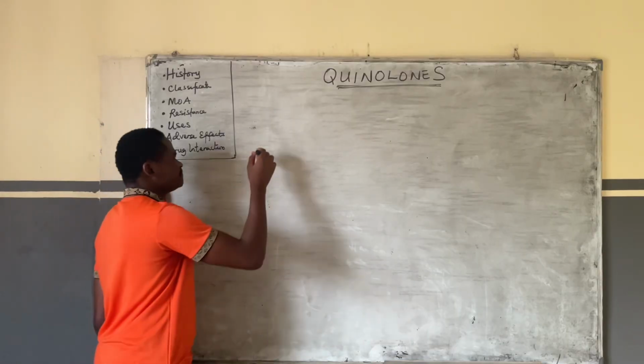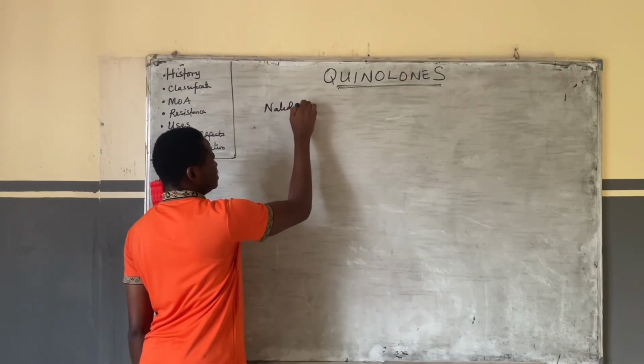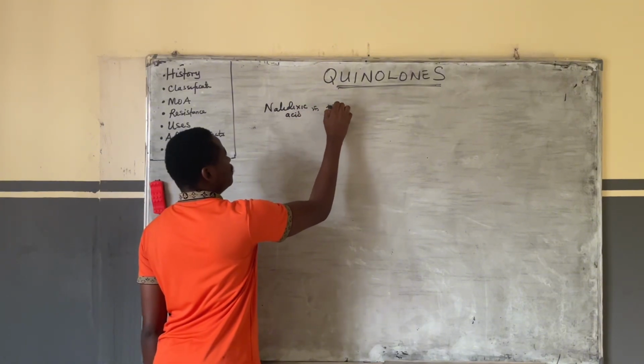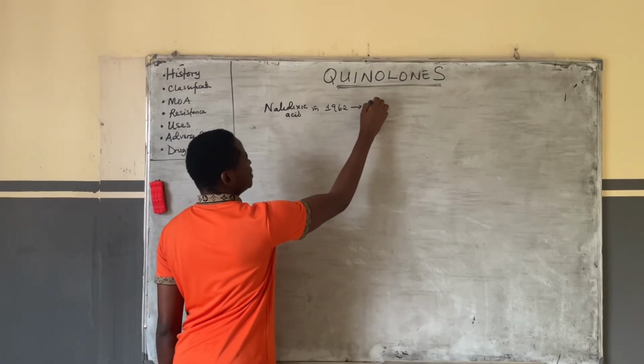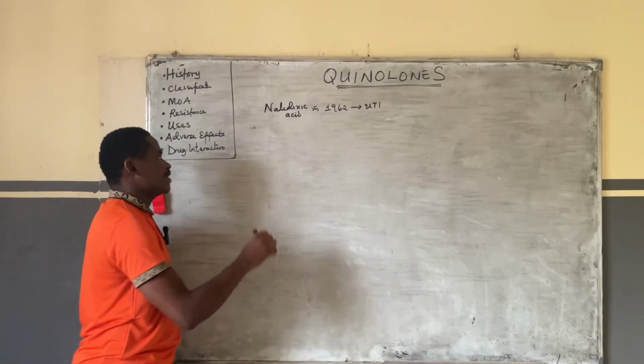So for the history, the first quinolone to be discovered was nalidixic acid, in 1962, when it was used for the treatment of UTI, urinary tract infection.